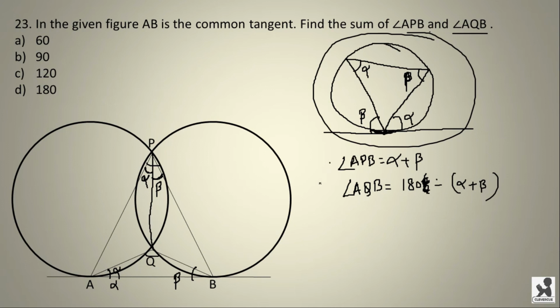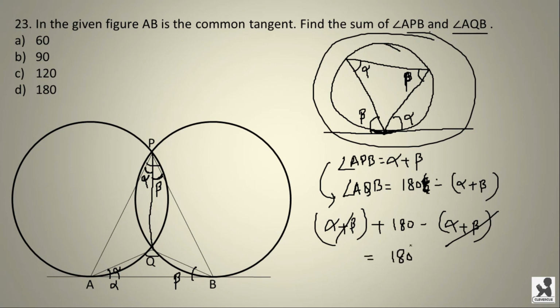And now by adding these two, we get alpha plus beta plus 180 minus (alpha plus beta). So these two get cancelled and we are left with 180 degrees, and hence the sum of angles APB and angle AQB is equal to 180 degrees. Option D is the right answer.